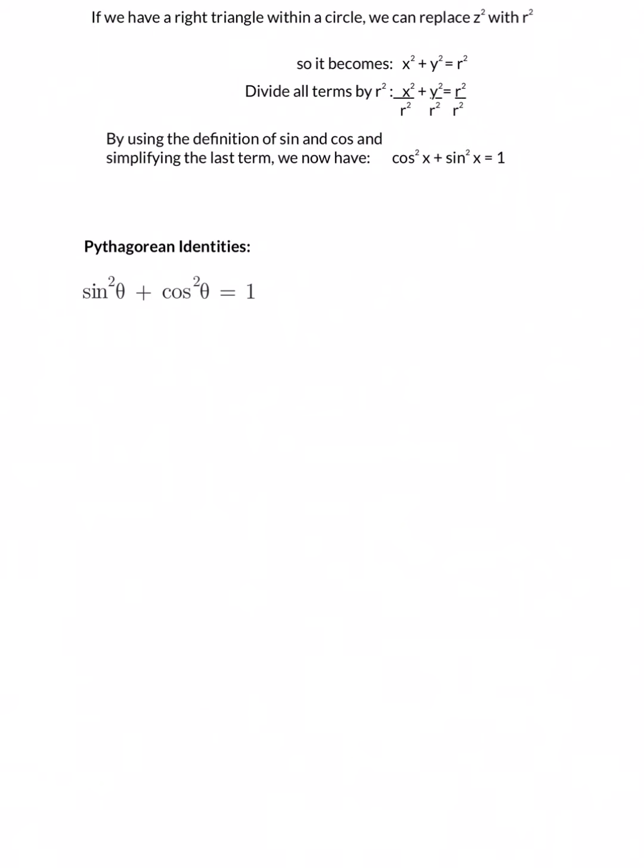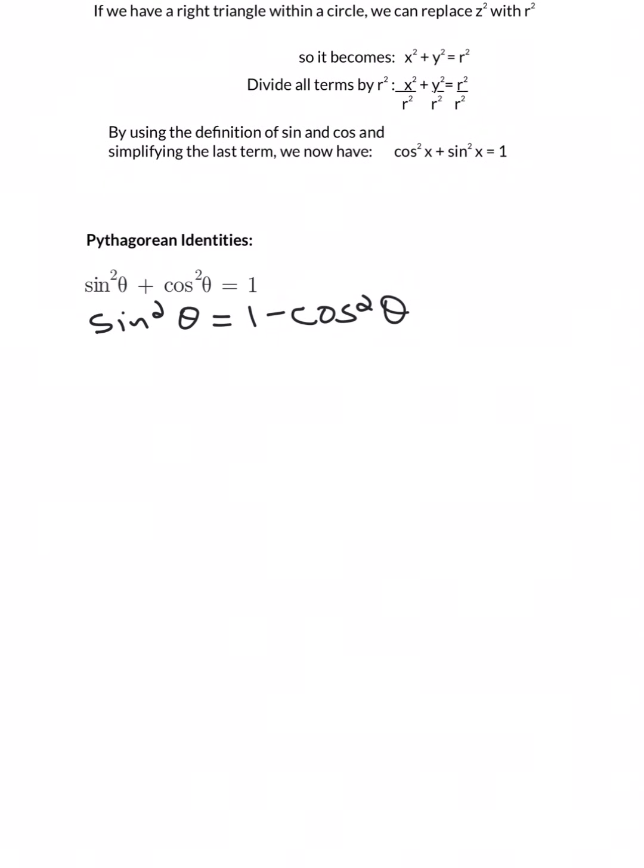For example, we could say that sine squared theta equals 1 minus cosine squared theta by subtracting cosine squared from both sides. Now the third possibility for this identity is to subtract sine squared from both sides, and you would have cosine squared theta equals 1 minus sine squared theta.